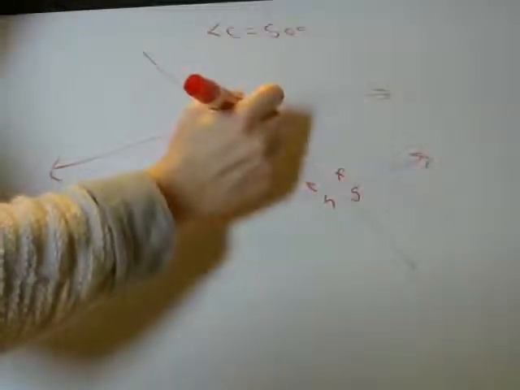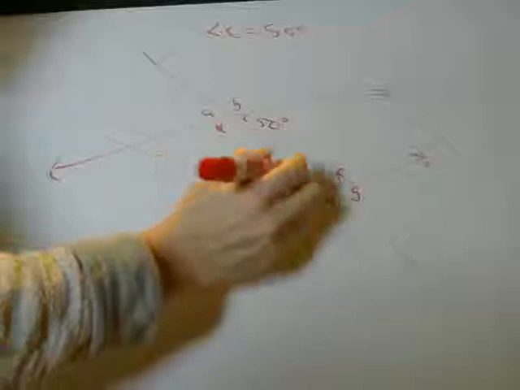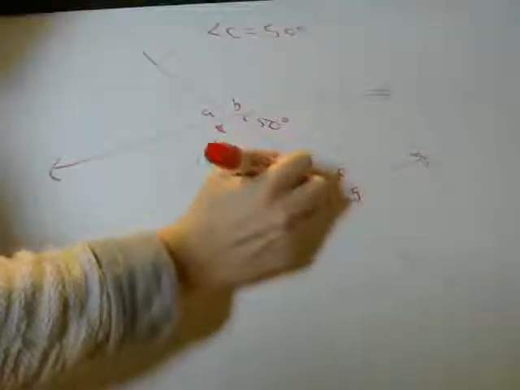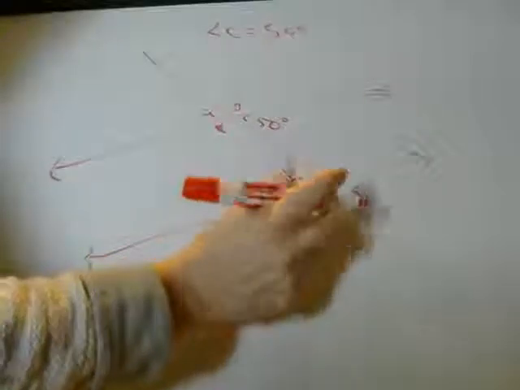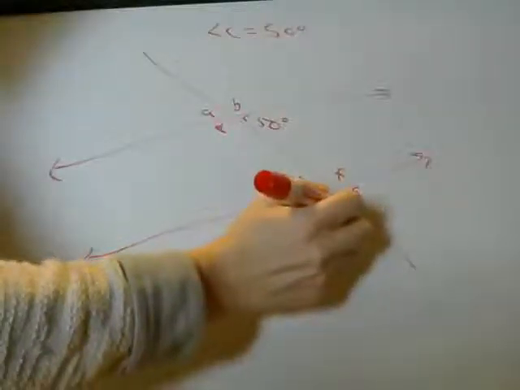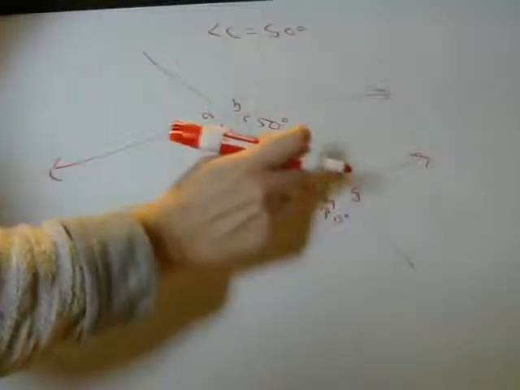What is angle H? So what's this angle? Well, we know this equals 50. So by crossing, we know angle E has to also equal 50. And we know that this has to equal up to 180 because we have a line here, the two angles have to equal 180. So we know angle H is 130 degrees.